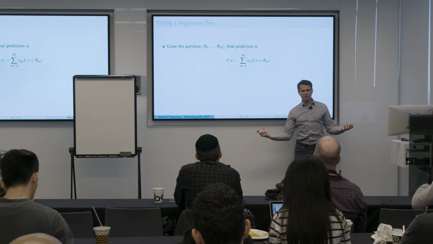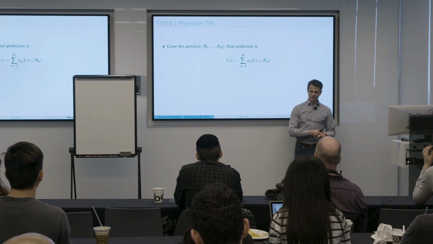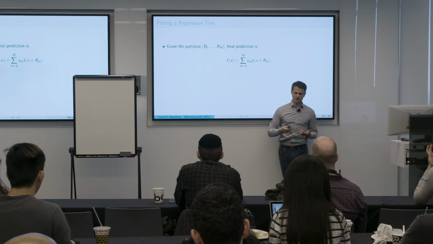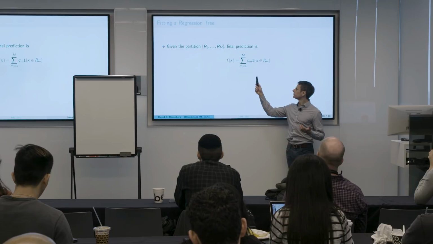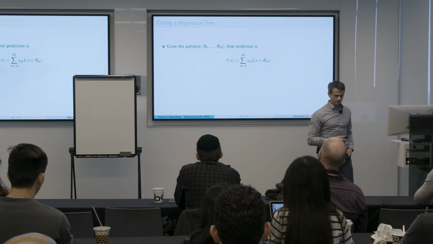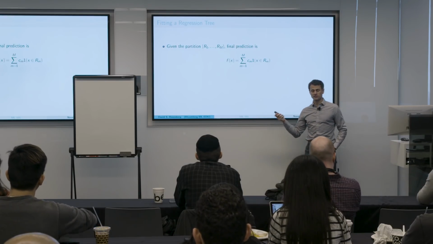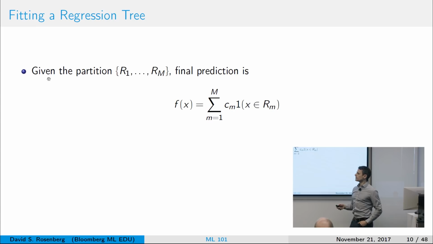Since the R's partition the input space, any given x is in exactly one of these regions. And so all these terms are 0 except for one, the region containing the input. And so for that region, the output of the function is c_m. So c_m is the value corresponding to region R_m, one of the regions given by the tree partition.